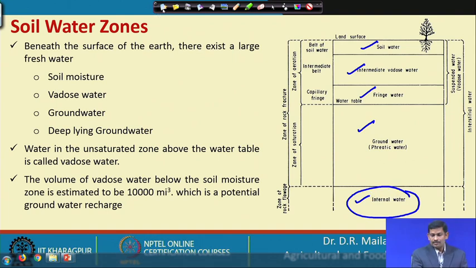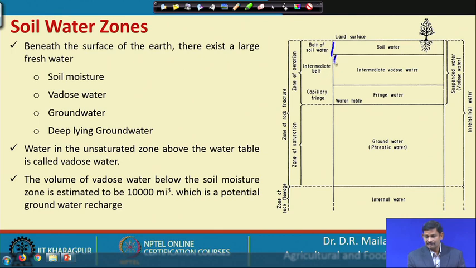Again, this is called the belt of soil water, this is the intermediate belt, and this is the capillary belt. This whole thing from here to here, since the soil pores are not filled with water all the time, is called suspended water, or the zone of aeration.